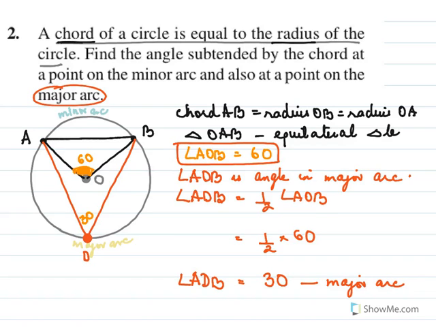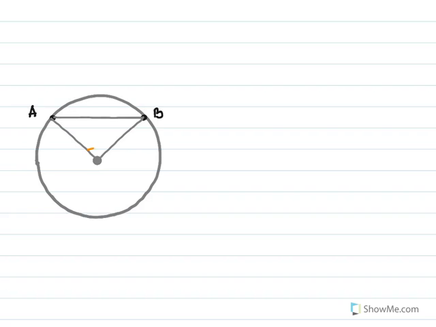Now let's go ahead and find out the angle in the minor arc. Now earlier we knew this angle AOB was 60. Now if AOB is 60, what will be reflex AOB? This is reflex AOB. So let's write that up.